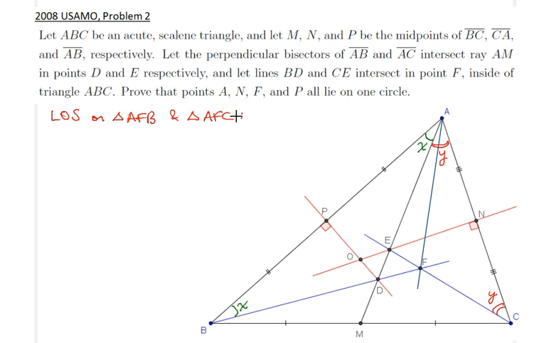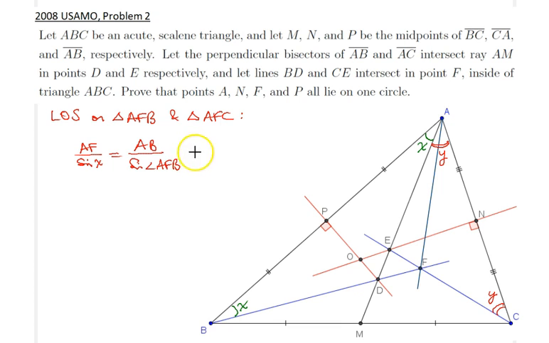Applying the law of sines here, I would have AF over sine X is equal to AB, which is opposite of angle AFB, over sine angle AFB.